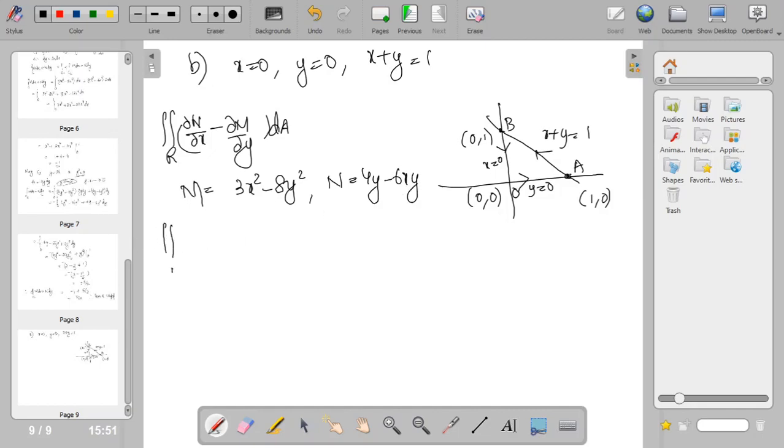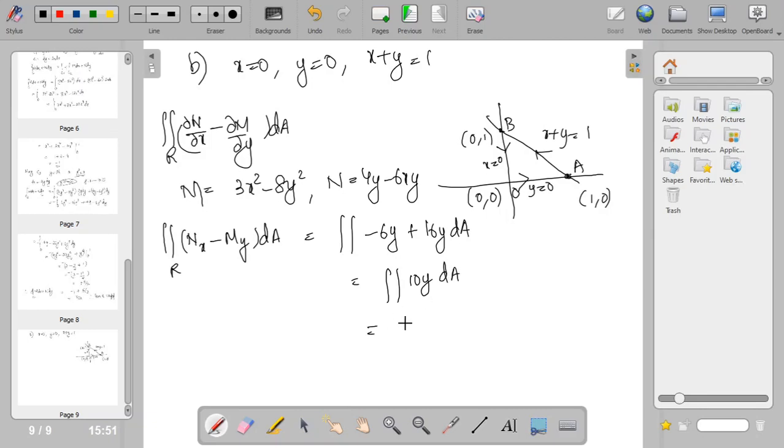So double integral over R n x minus m y dA is equal to double integral minus 6y plus 16y dA വരum. So that is double integral 10y dA. So we will have double integral 10y.